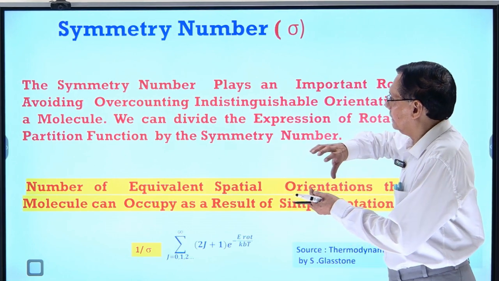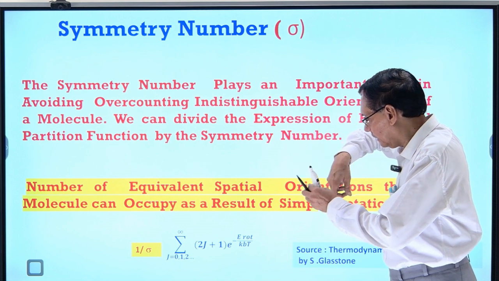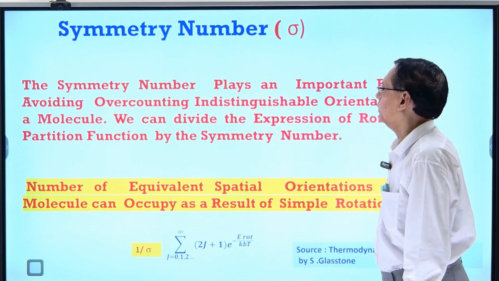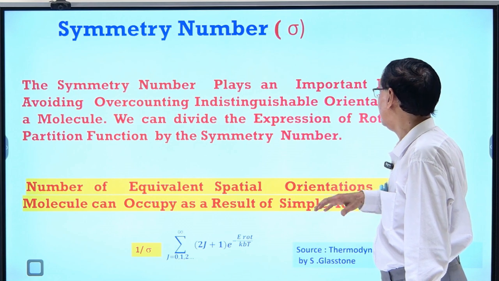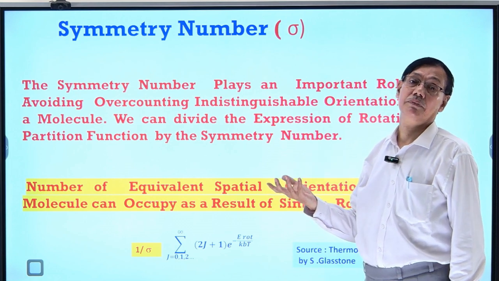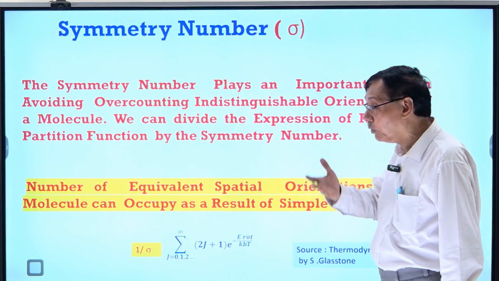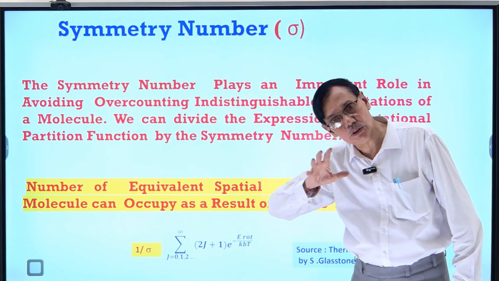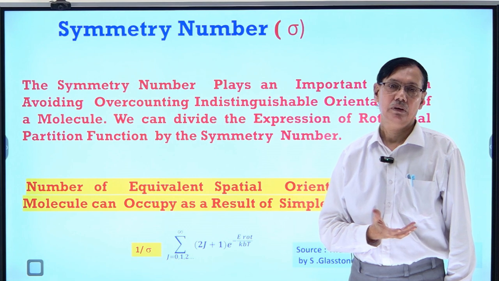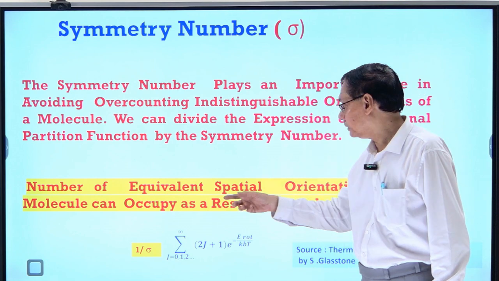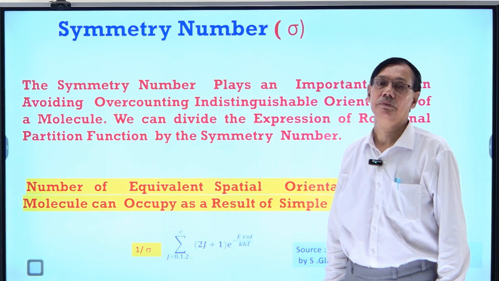When we are talking about rotation in the different axes, that is called the indistinguishable orientation. So, in order to correct the overcounting of that indistinguishable orientation, we have to use that symmetry number.